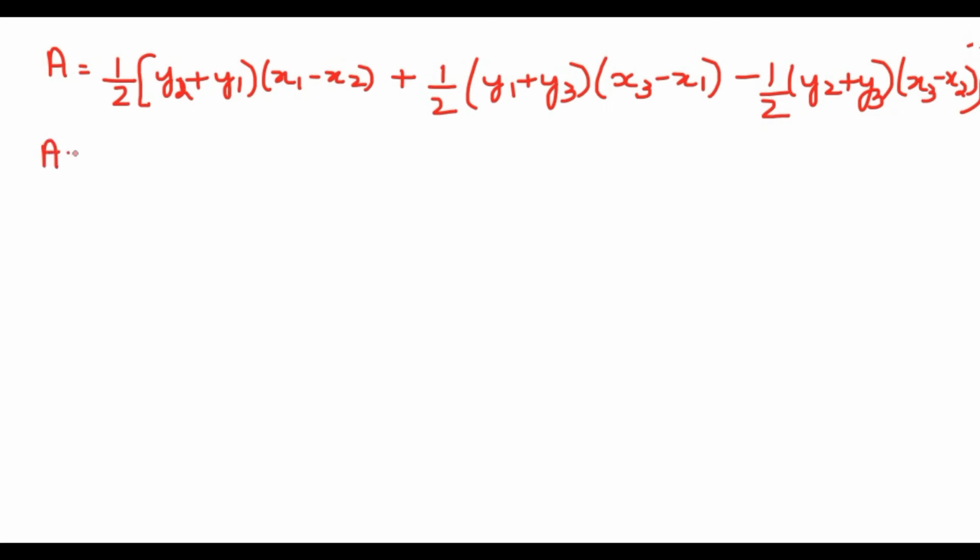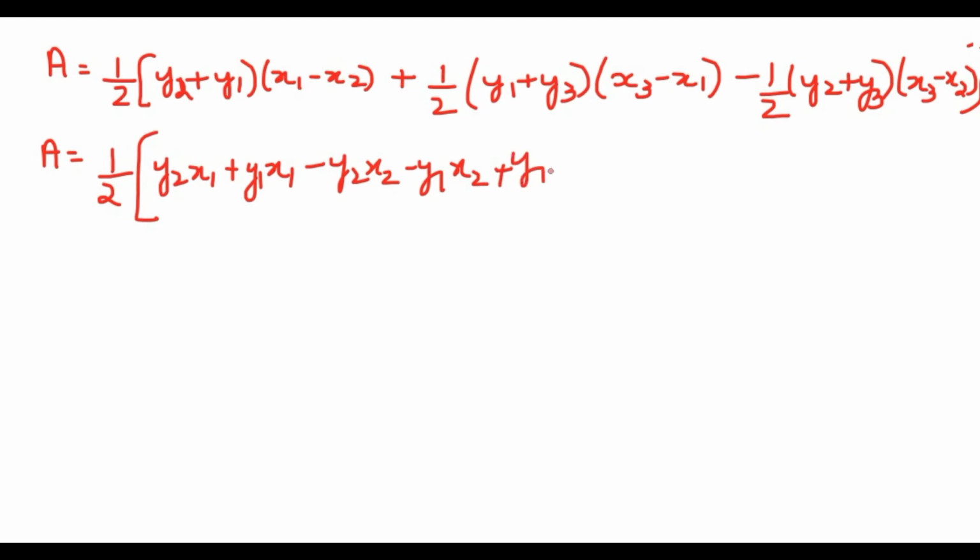Now we need to simplify this. Here half is common. I'm going to take outside. We have y2 x1 plus y1 x1 minus y2 x2 minus y1 x2 plus y1 x3 minus y1 x1 plus y3 x3 minus y3 x1. Again you should be careful since one minus sign is there.